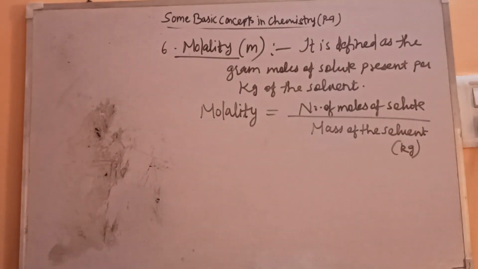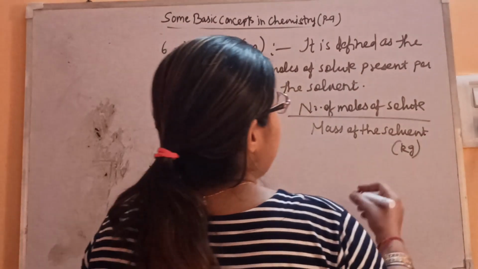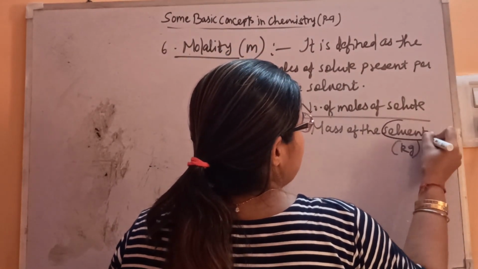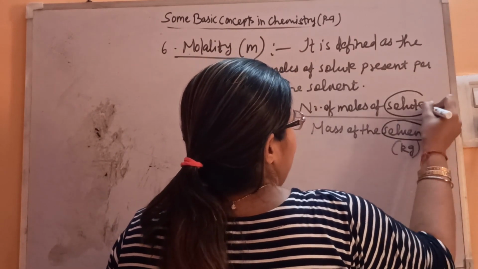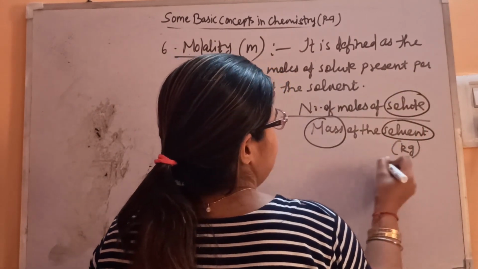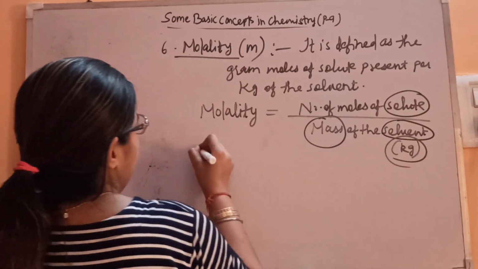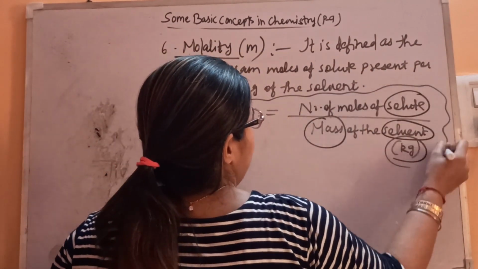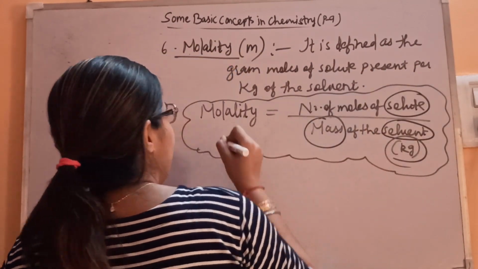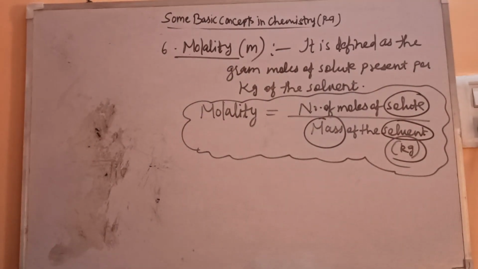Here what are the important terms? Solvent, solute, then mass and kg. Without solute, without kg, without solvent, mass of what? Solution, solvent, solute, that you have to specify.